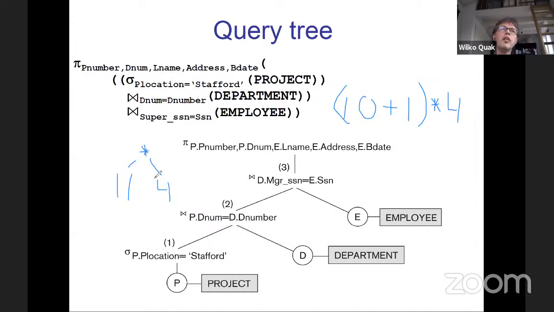In a way, this is the way you do it with numbers, and this is basically also the way that you can execute your relational algebra statements on a computer and get your end result. So you start at the bottom and do all the operations, and in the end you get your answer.